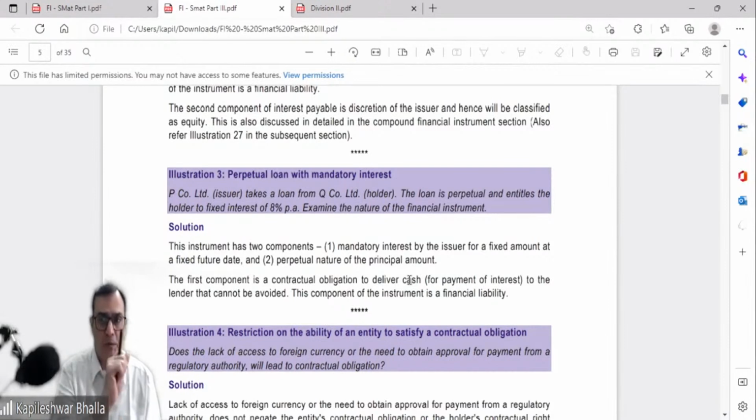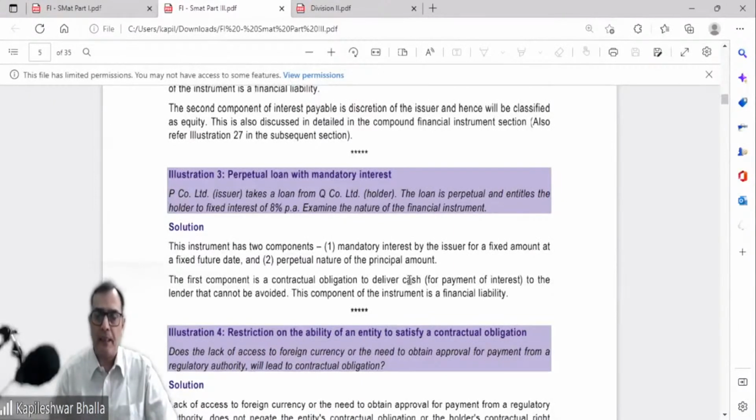There is something more which I need to discuss about this perpetual loan with a mandatory interest, which is there in my chart number 1 as well, but not today. But remember, in the next session, of course, I'm going to discuss with you the concept of a perpetual loan with a mandatory interest, because there is something very interesting which is given in the standard.